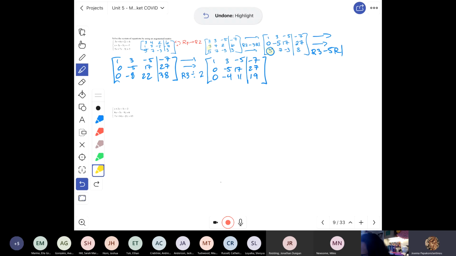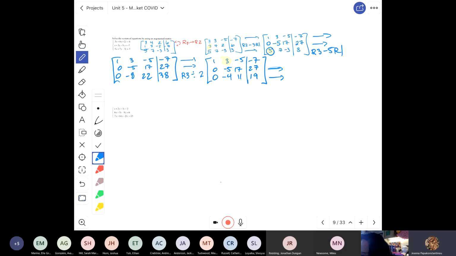You want to get 0 where? Here? Okay, okay. By doing what? Which row are we going to use? Okay, which one?